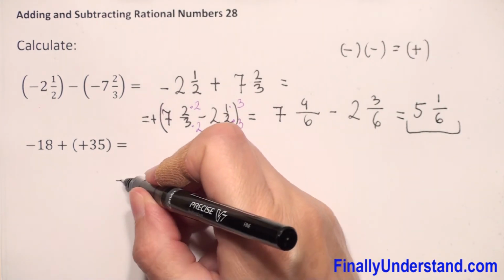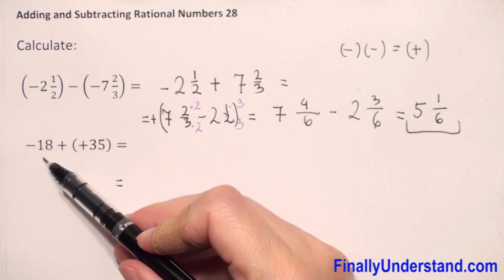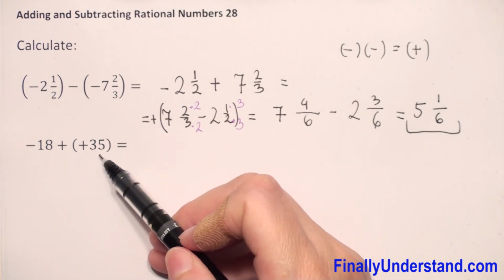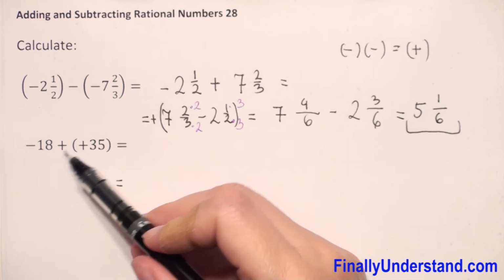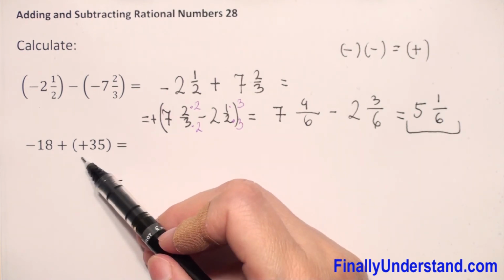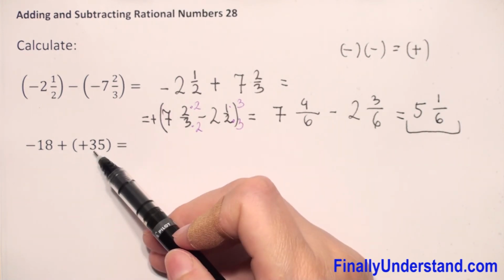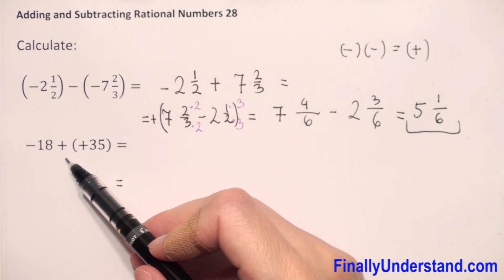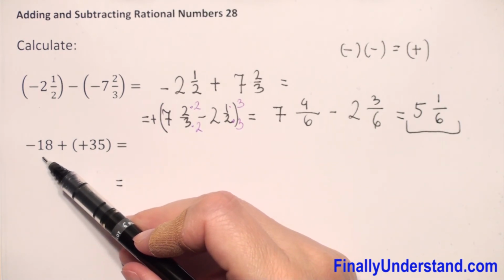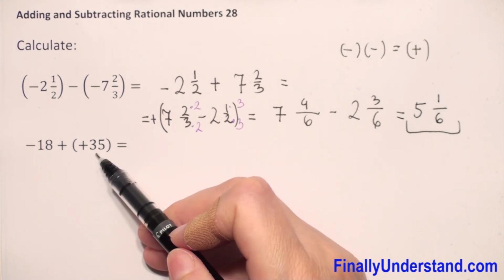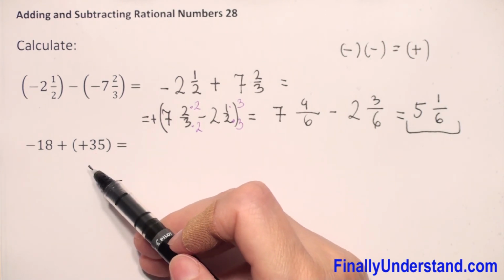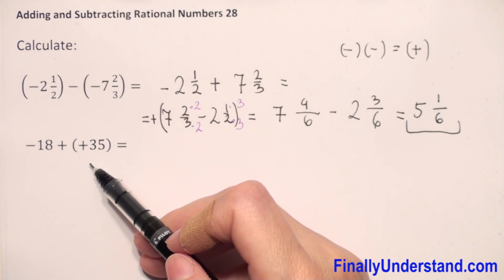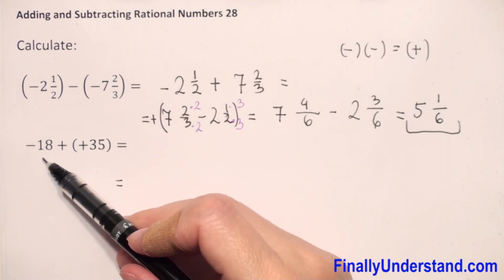And the last example, we have negative 18 plus positive 35. When we have addition of integers, we have negative 18 and 35. They are integers. So first, when one number is negative, one positive, we check the sign before the greater number. 35 is greater than 18.